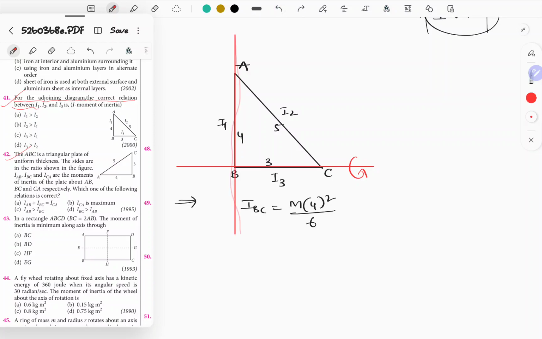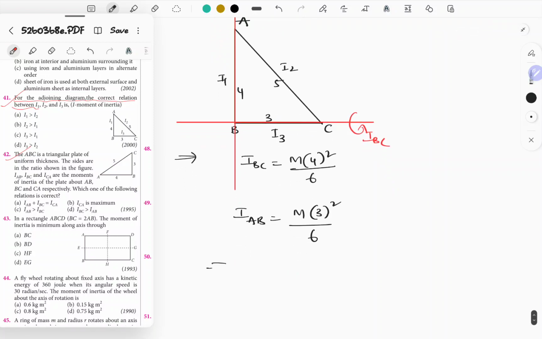This is IBC and this is IAB. IAB is equal to m 3 square divided by 6. Comparing these two, whose moment of inertia is greater? Definitely IBC is greater than IAB.